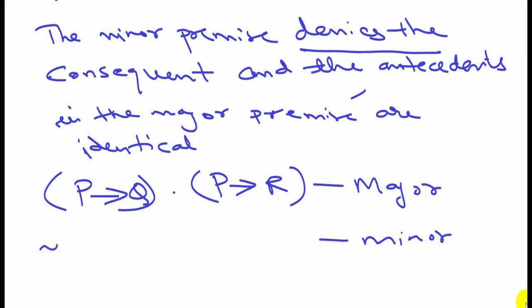So not Q or not R. Not Q or not R. Therefore, not P. Right? Not Q, not R, therefore not P, because P implies Q. So if you're denying Q, you have to deny P also.